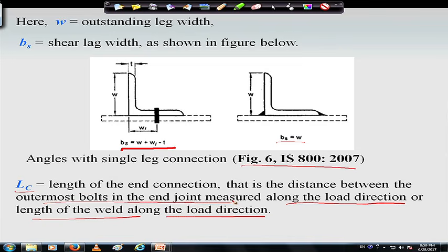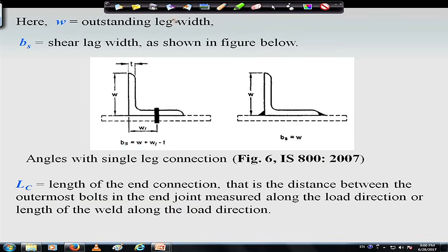So, in case of bolt connections, if we have bolts like this, it is the distance from end to end bolt along the load direction, and if it is weld, simply the length of the weld along the load direction. This is how we can calculate.